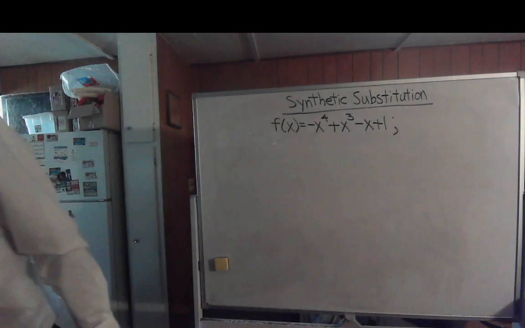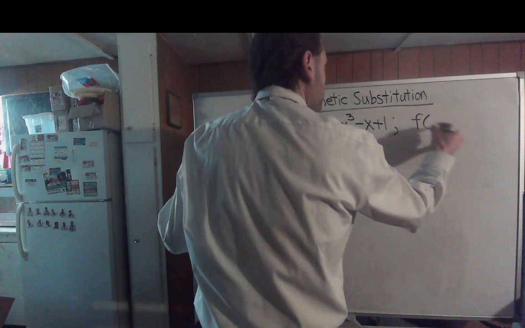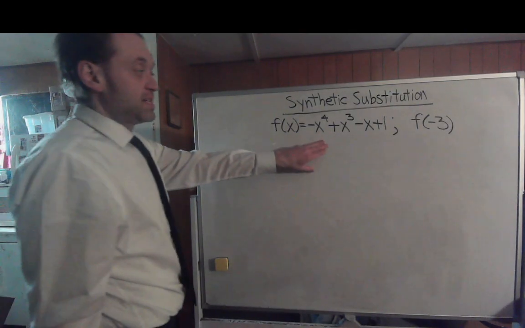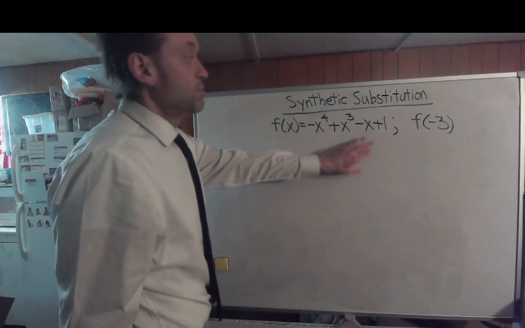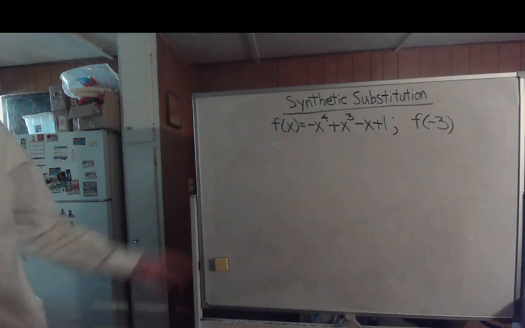And they want us to evaluate this function at negative 3. When x equals negative 3, so we're going to find f of negative 3. So we have f of x equals negative x to the 4th plus x to the 3rd minus x plus 1. Alright, so let's go ahead here.